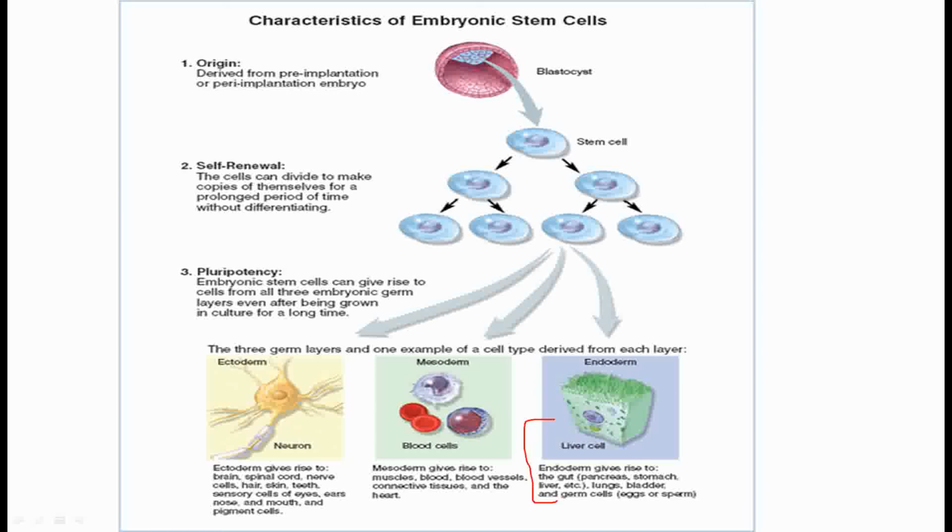Here comes ectoderm, this is endoderm. Ectoderm we have already discussed. So endoderm gives rise to the gut, pancreas, stomach, liver, lungs, bladder and germ cells, that is eggs or sperms.